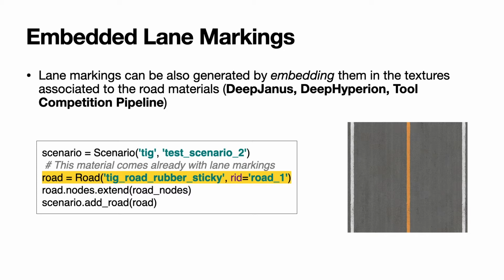This is, for example, what it's inside of this TIG level, and that it's available from the Deep Janus website, from the pre-crime group of the University of Lugano. And once you have done this, the generation of the road is exactly the same, like the basic one, but it will render slightly different.